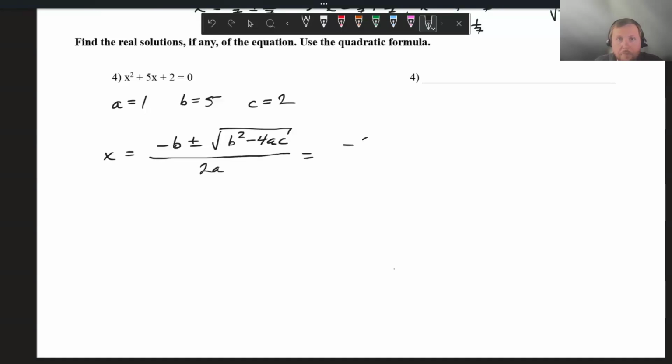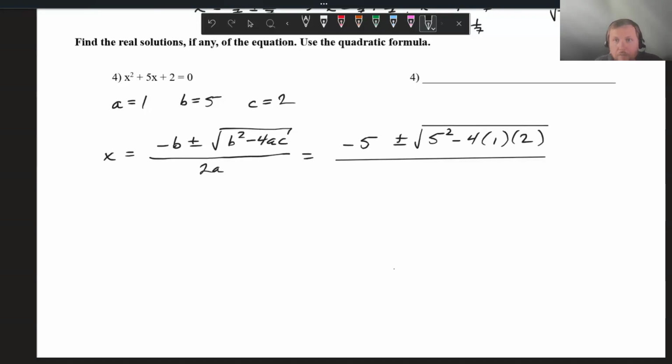So I have negative 5 plus or minus the square root of 5 squared minus 4 times 1 times 2, and then that's all over 2 times 1.